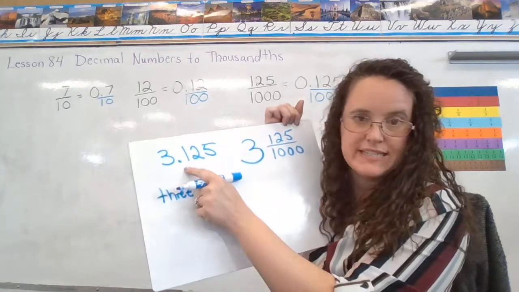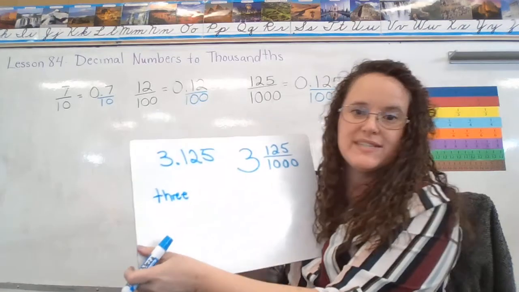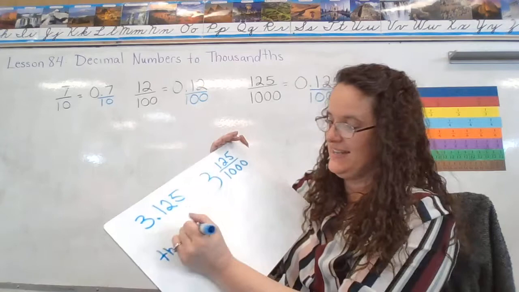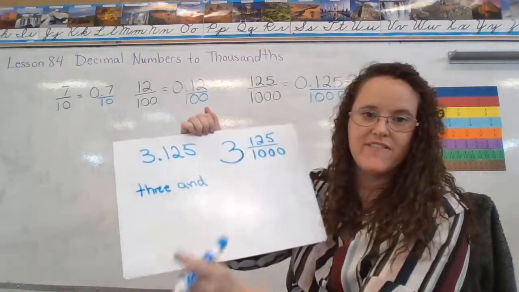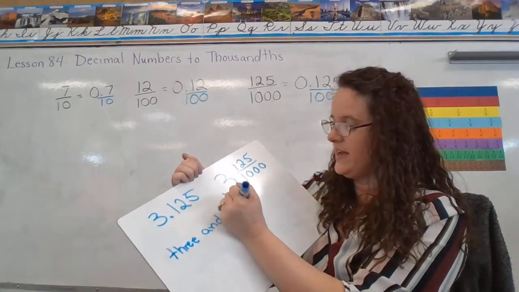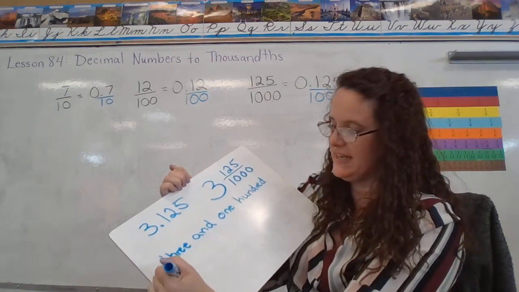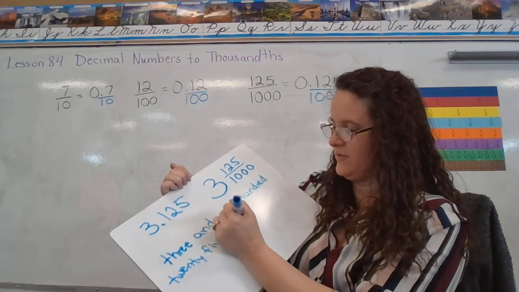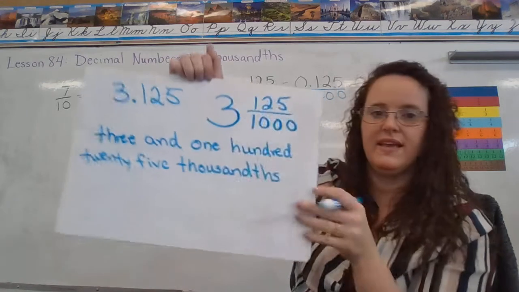And when we get to a decimal point, we do not say point, we say and. So what we're saying here is we have 3 wholes and we have 125 thousandths. So we read it as 3 and 125 thousandths. And there you go.